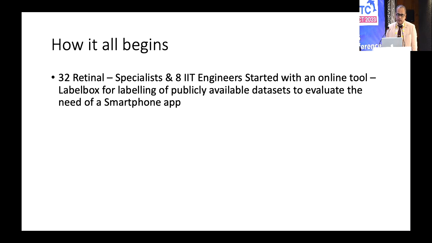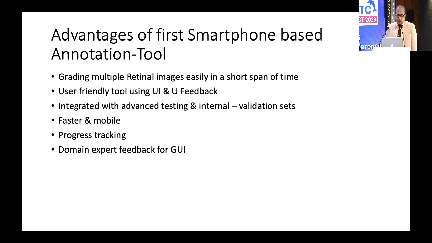It began with 32 retinal specialists in India along with 8 IIT engineers. We started with an online tool, Labelbox, for labeling of a publicly available data set to evaluate the need of a smartphone application. These were the advantages: we were able to grade multiple retinal images easily in a very short span of time. It was a very user-friendly tool using user interface and user feedback.